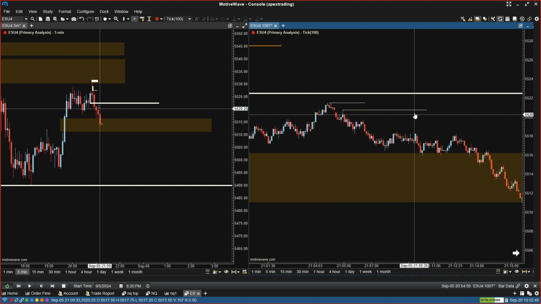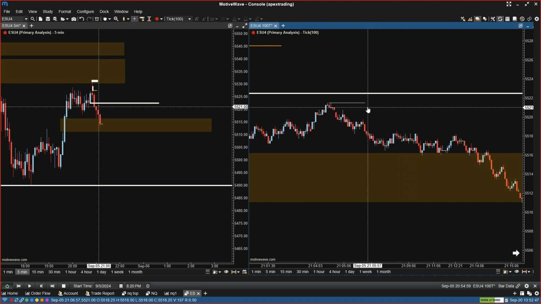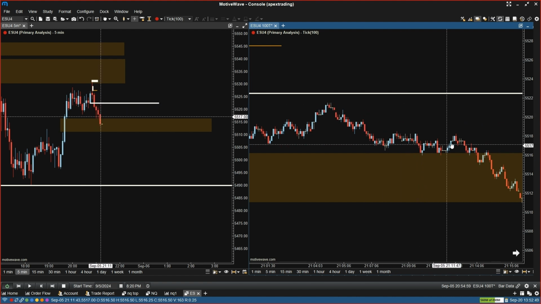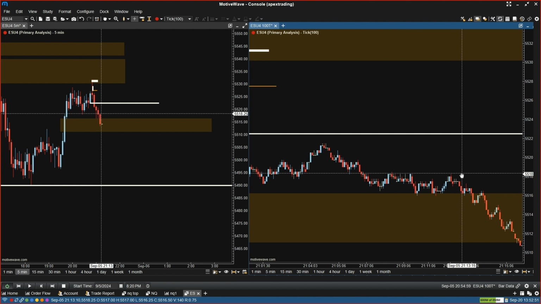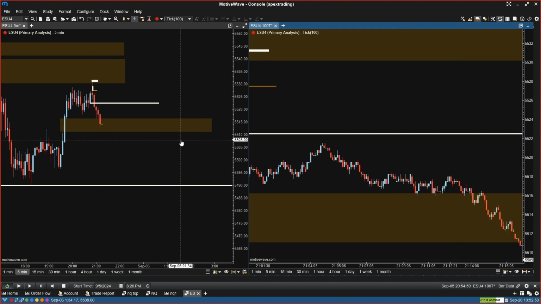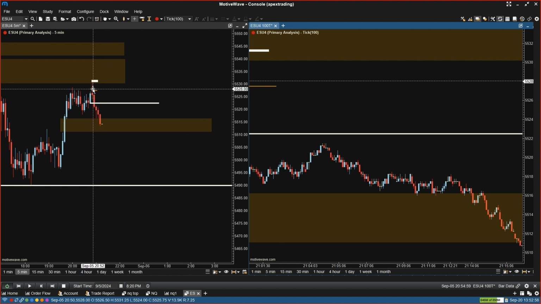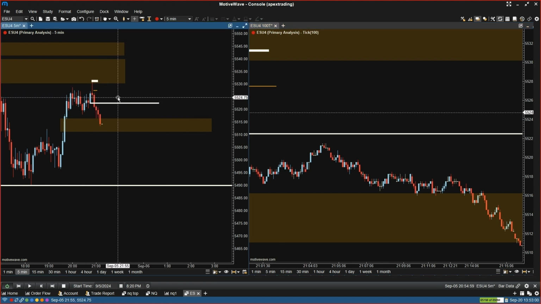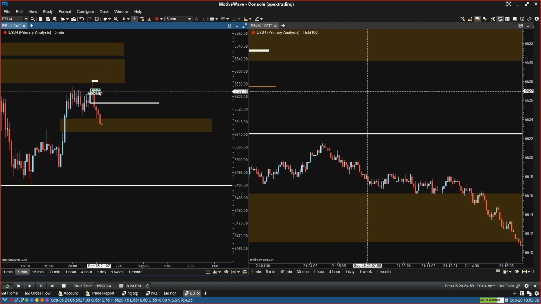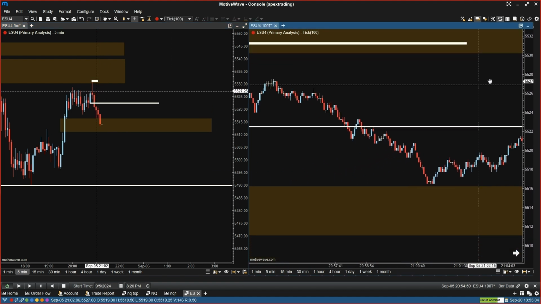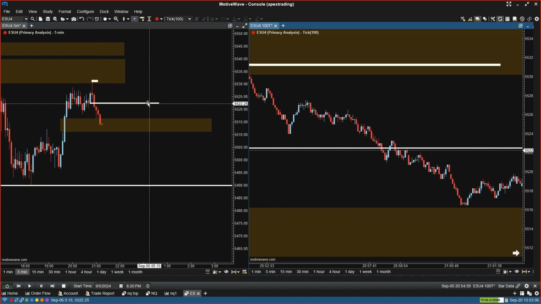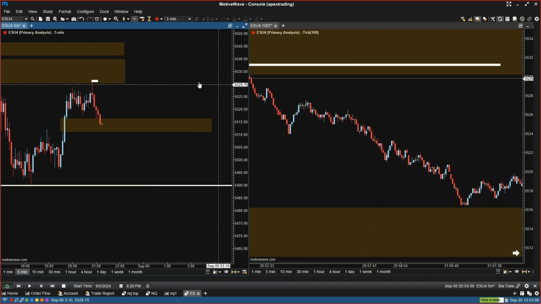It's gonna play with your mind, right? But we are having just sort of a picture of what price is doing, based upon the pattern that we were thinking.